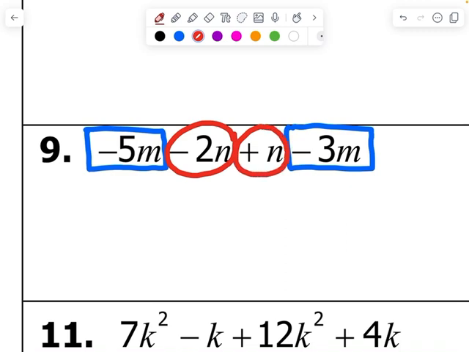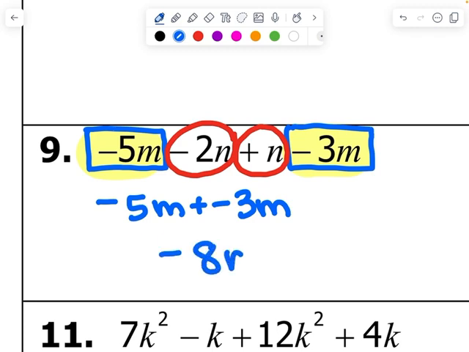So if I take my m terms, you don't have to write this, but I'm just going to try to help us think about it. We have negative 5m minus 3m. If it helps to write it as add the opposite, we'd be adding negative 3m. That would give us negative 8m.